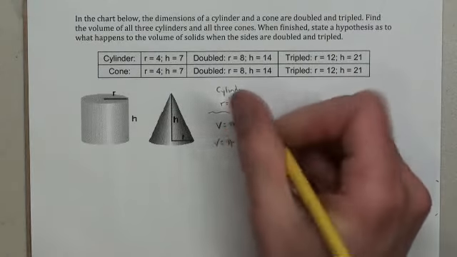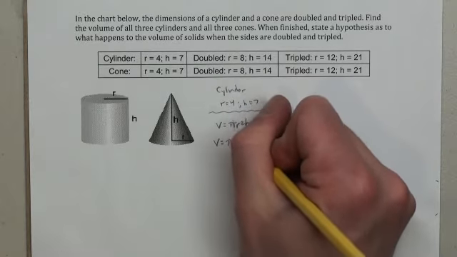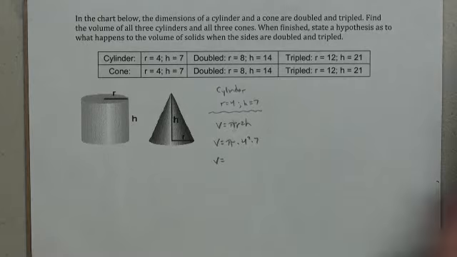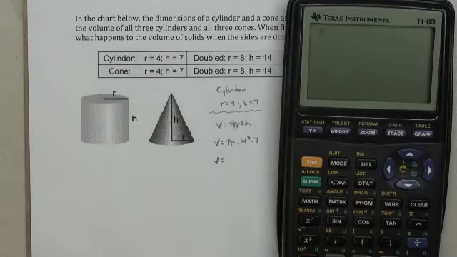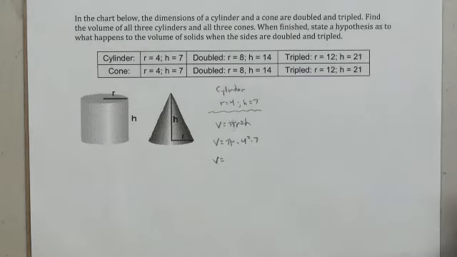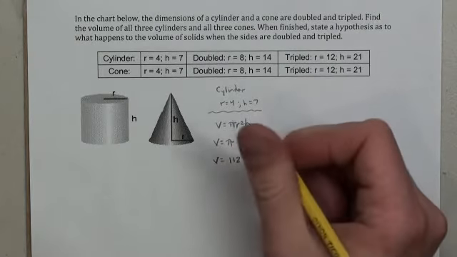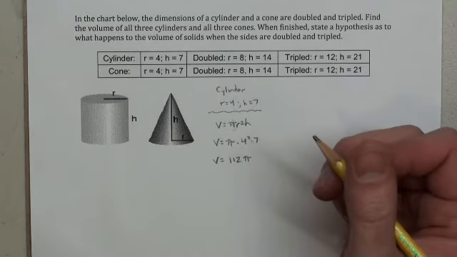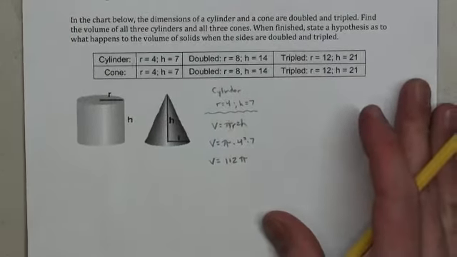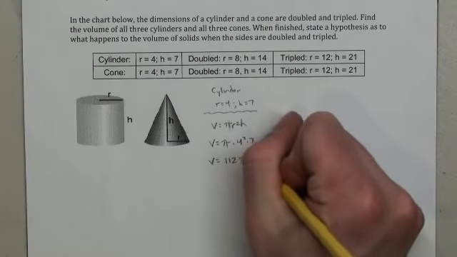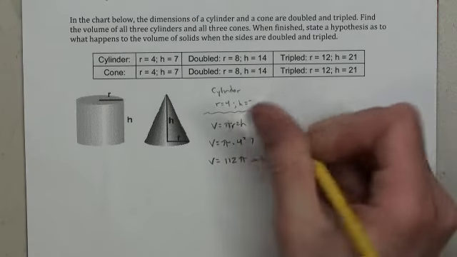Volume equals pi times 4 squared times 7. I'm going to leave everything in terms of pi, so 112 pi. There's no label, so we could put units cubed, so we might as well do that.